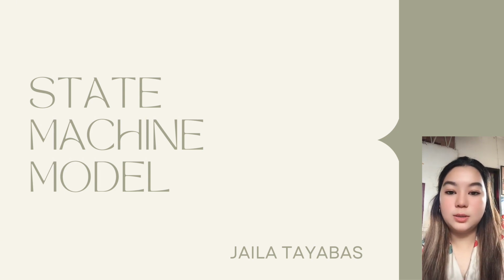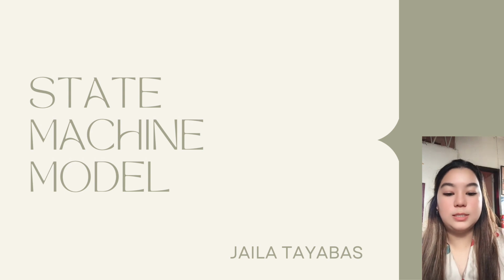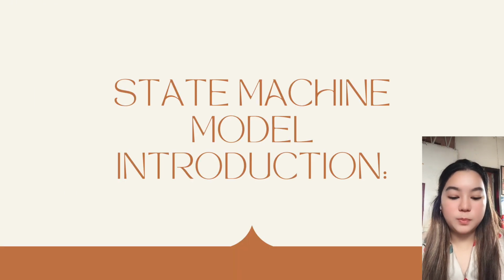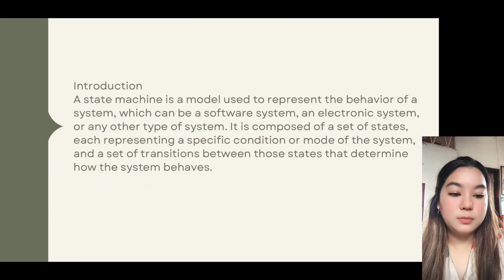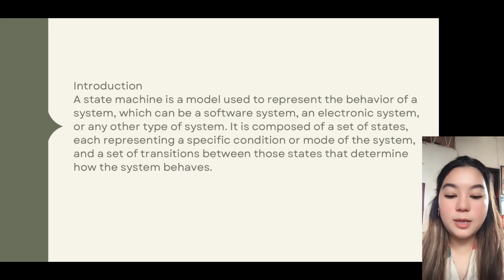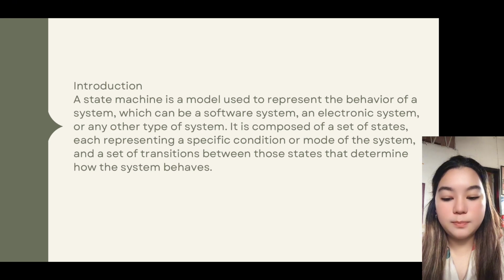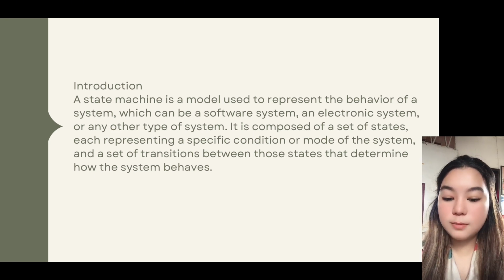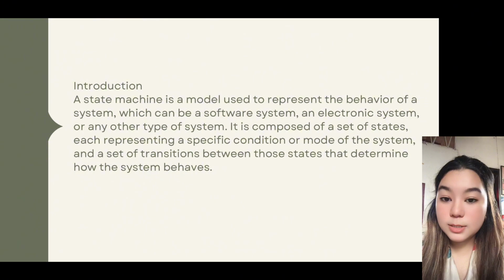So the model that I chose is the state machine model. State machine model introduction. A state machine is a model used to represent the behavior of a system, which can be a software system, an electronic system, or any type of system.